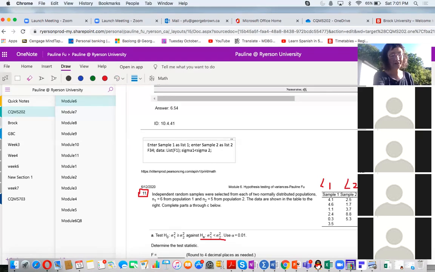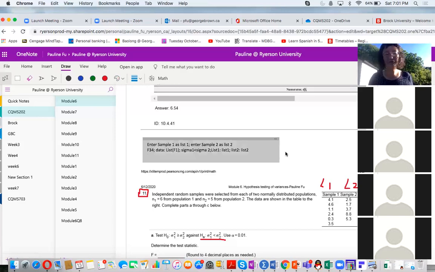Okay. So after you select sigma 1 smaller than sigma 2, if sample 1 is your list 1, and you are asked list 1, that is your list 1, and then list 2, that is your list 2, okay?